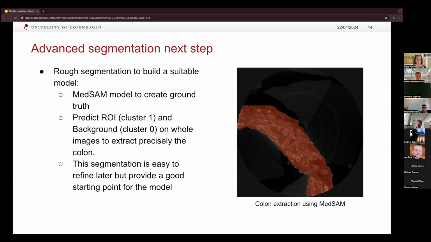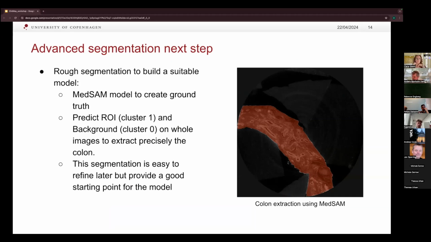And for the next step, we are looking to create more ground truth using a semi-supervised segmentation with the MedSAM model. The goal is now to simply segment the region of interest from the background, so to have 2 clusters, such that we can move forward with the model development and learn how to handle the images and their specificities.